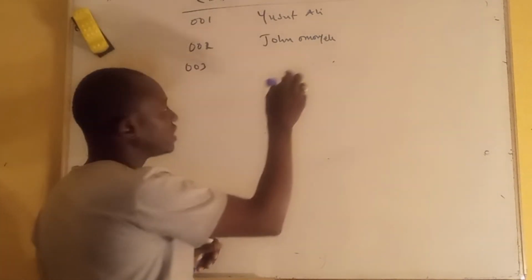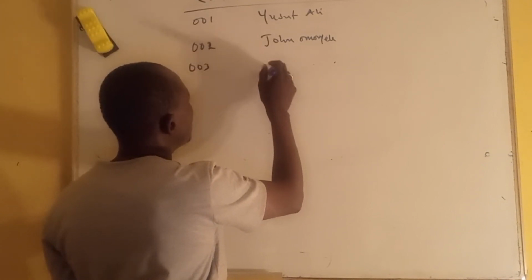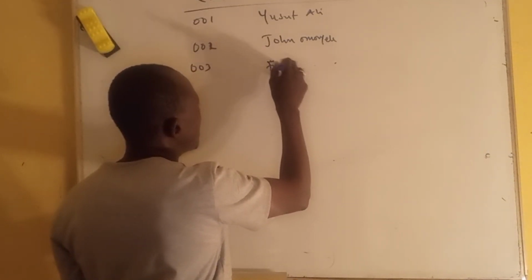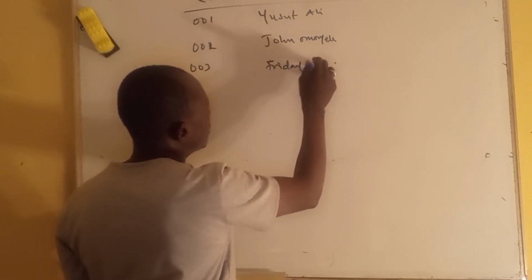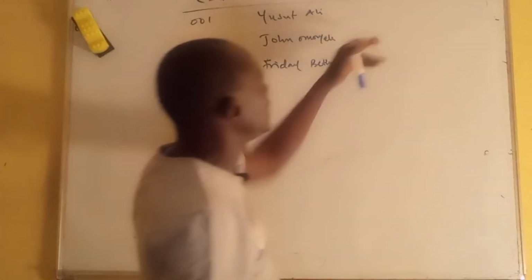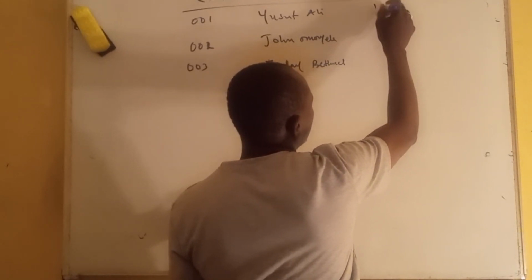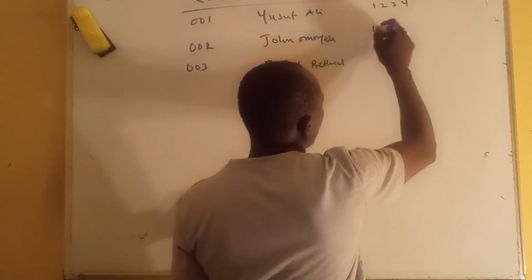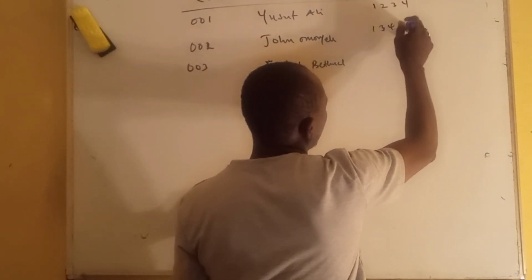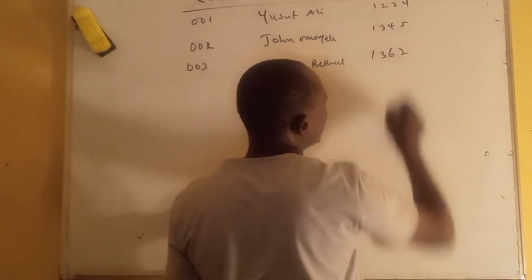And the third one we have Friday Betwell. In the employee phone number, we have 1, 2, 3, 4, 1, 3, 4, 5, 1, 3, 6, 7.